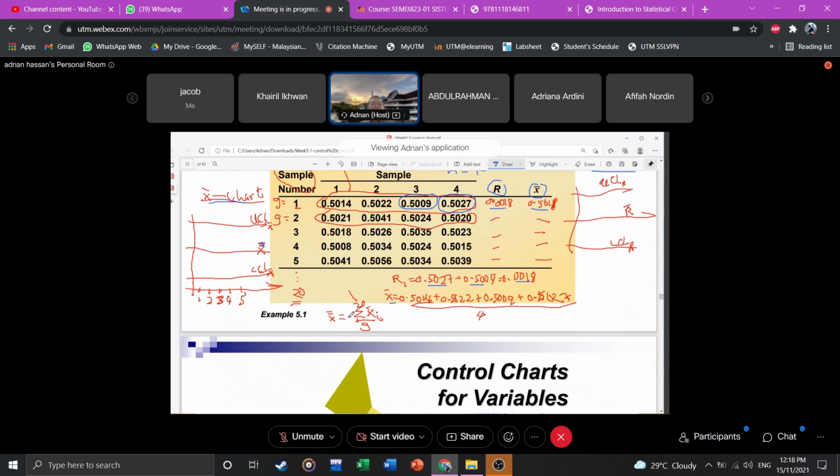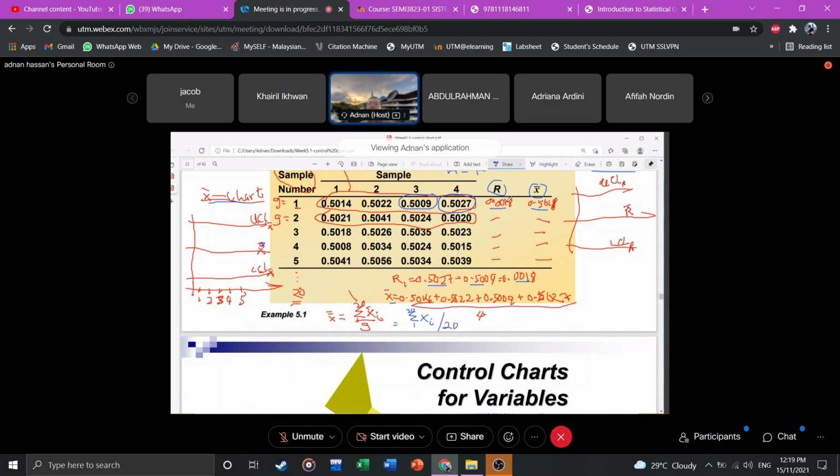And then now you get the X double bar. X double bar is where you take all the numbers in this column, the summation of Xi, in this example i goes from 1 to 20, divided by 20.